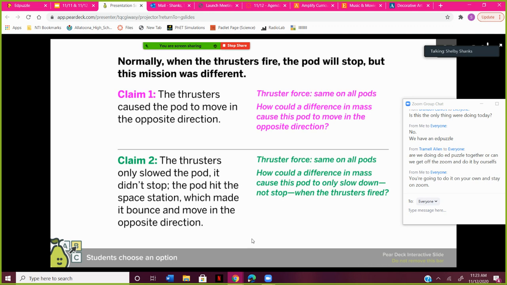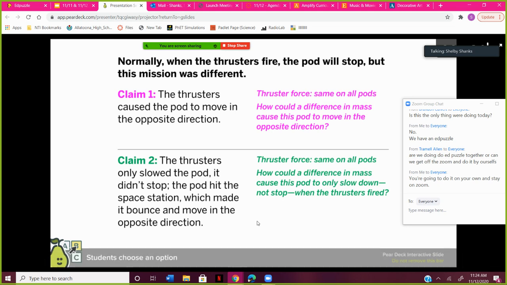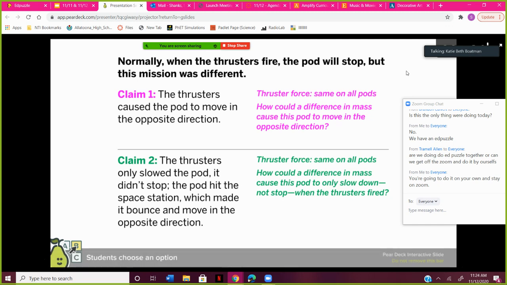All right, so before I show some responses for this, I want to know what you guys know about mass. How does mass affect our velocity? How does it affect what type of force we need on the object? Mass affects it because if we have more mass, then it's going to be harder to stop.